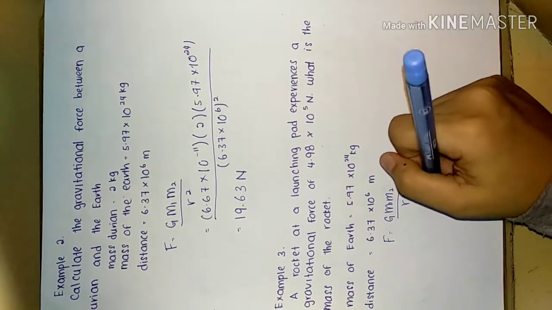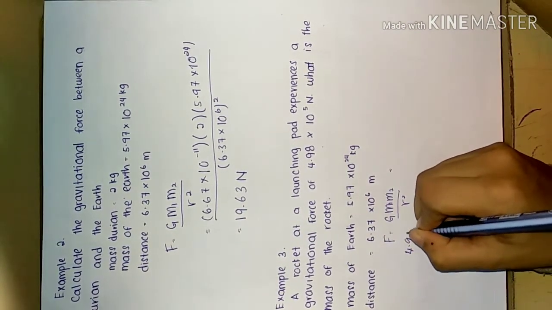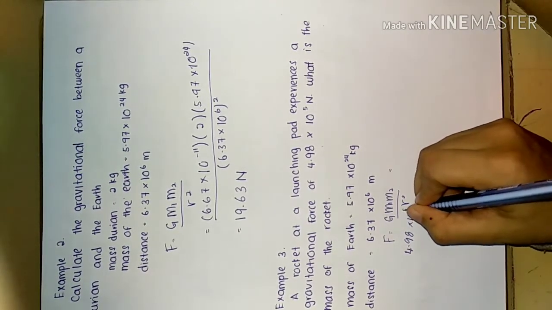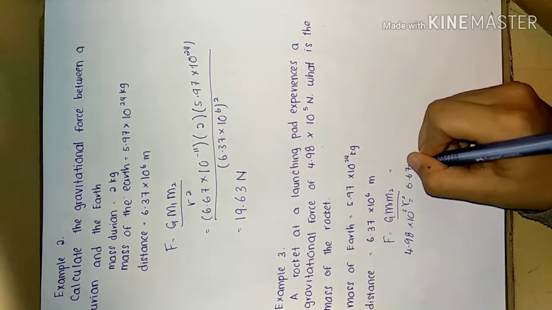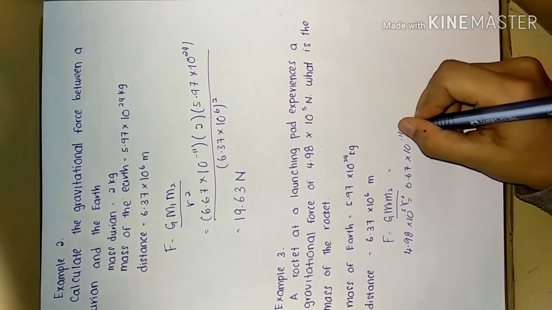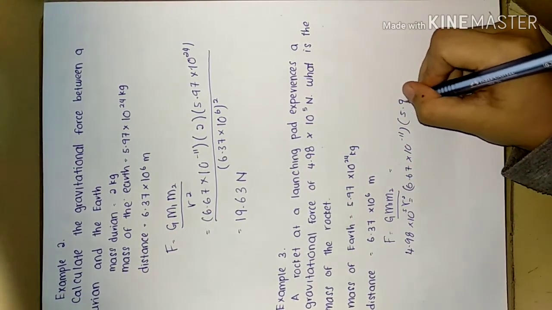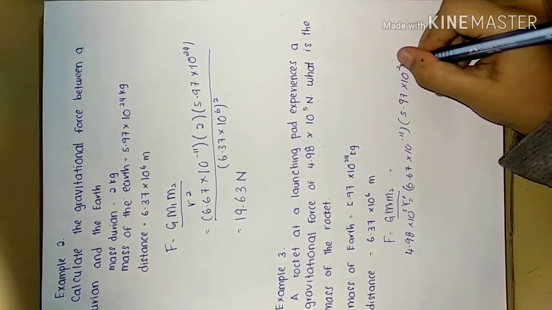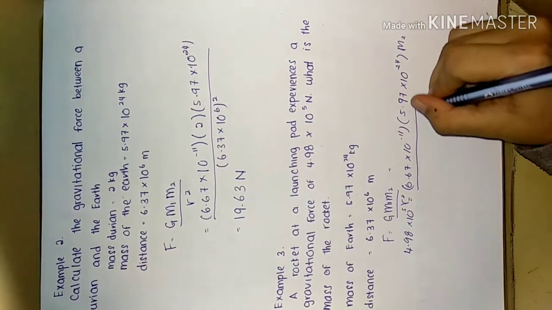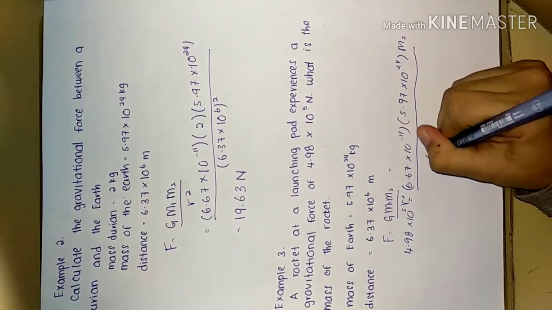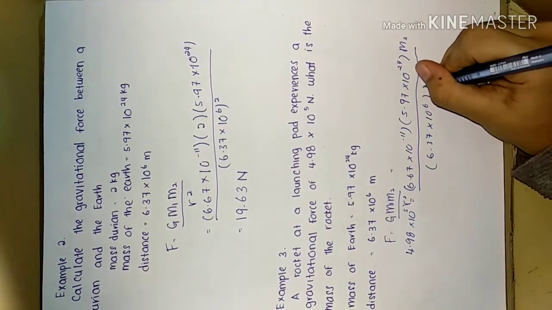So let's put all the components here, which is F is given, 4.98 multiplied by 10 to the power of 5, and G we have a constant 6.67 multiplied by 10 to the power of -11, and M1 we have 5.97 multiplied by 10 to the power of 24, and we have M2 which is the mass of the rocket, and over here the distance is given, 6.37 multiplied by 10 to the power of 6, squared.